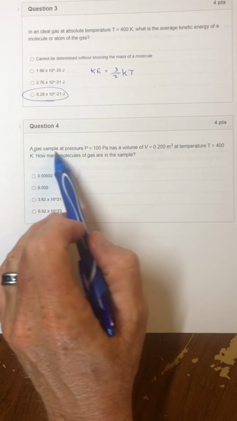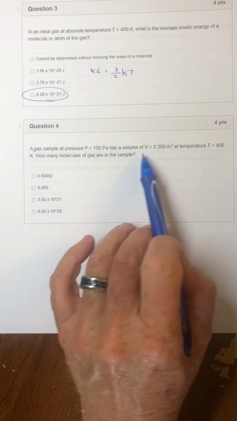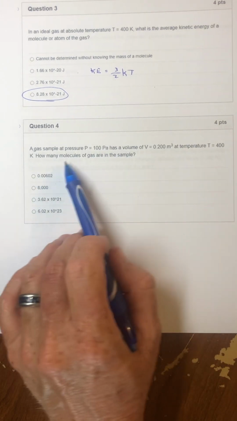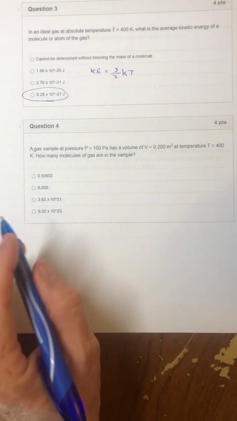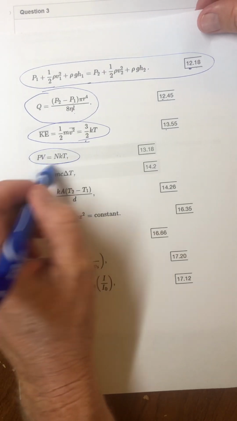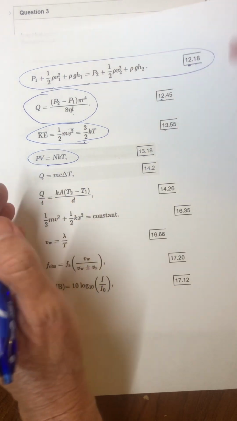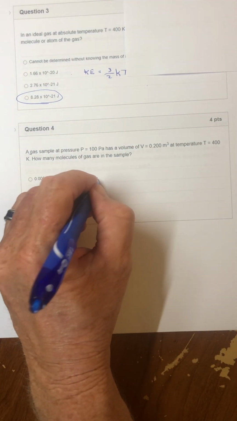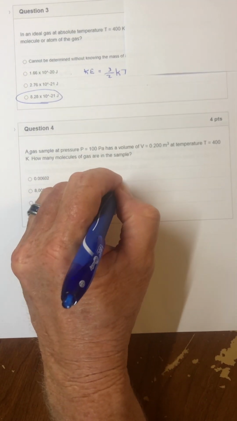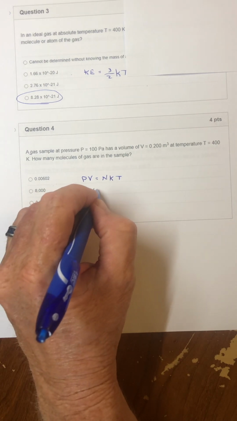Number 4 says a sample of gas at a pressure of, volume of, temperature of, how many molecules are there? And so what we call the ideal gas law equation, again out of chapter 13, has a connection between pressure, volume, number of molecules, Boltzmann's constant, and temperature.